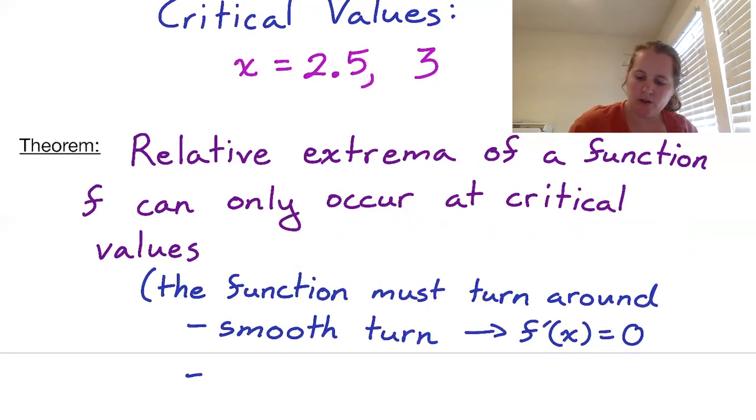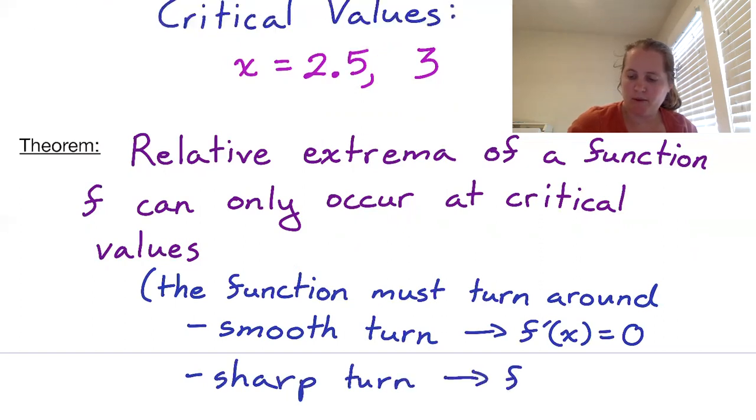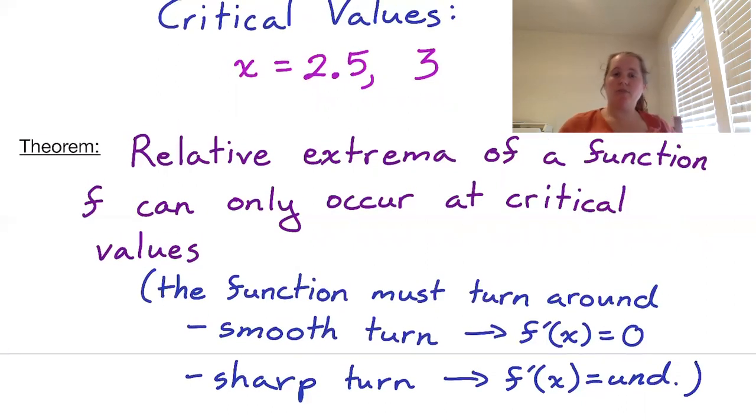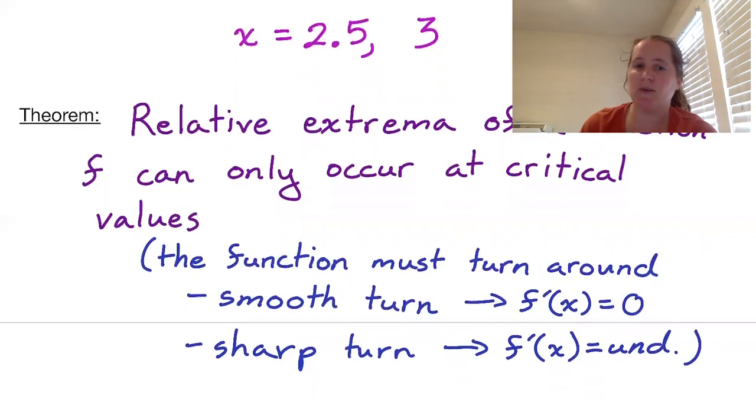And if we have a sharp turn, then that's f prime of x undefined. Note this does not go the opposite direction. Relative extrema can only occur at critical values, but it is not necessarily true that a critical value has to give us a relative extrema.